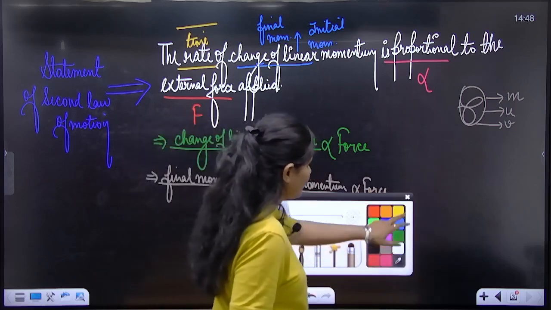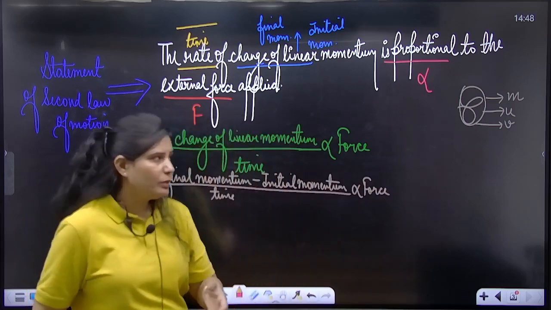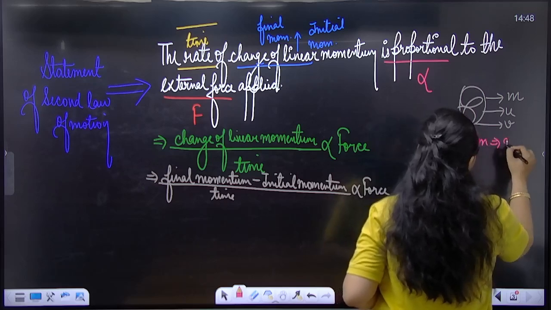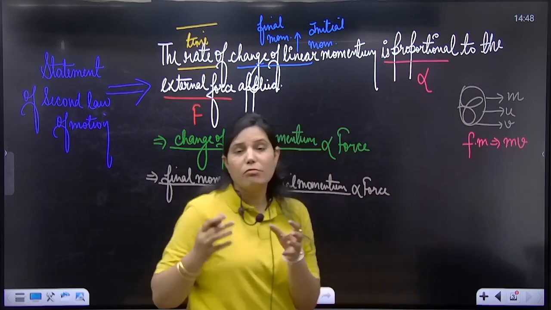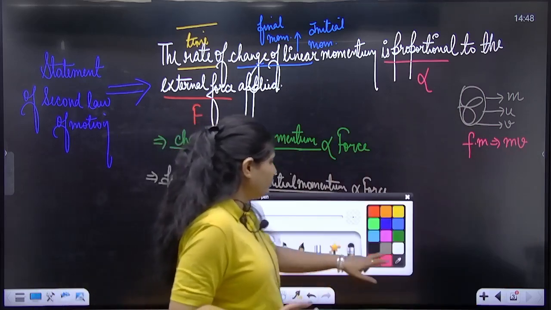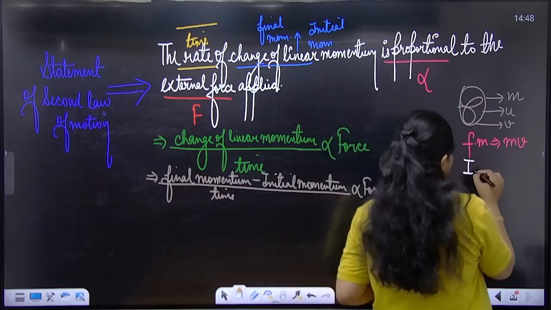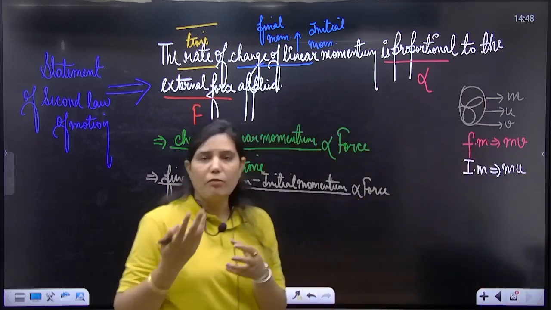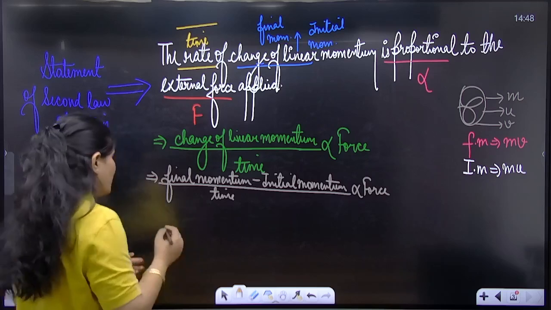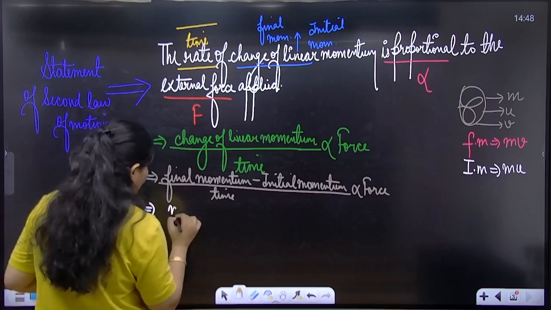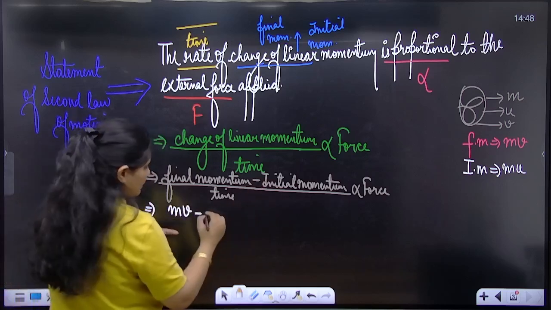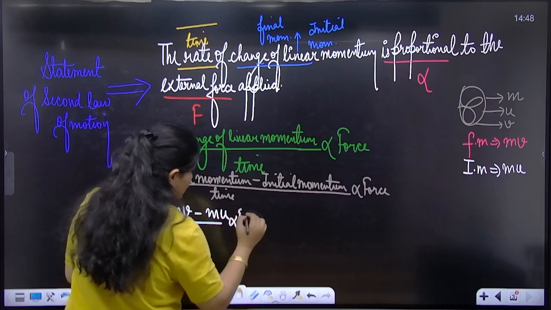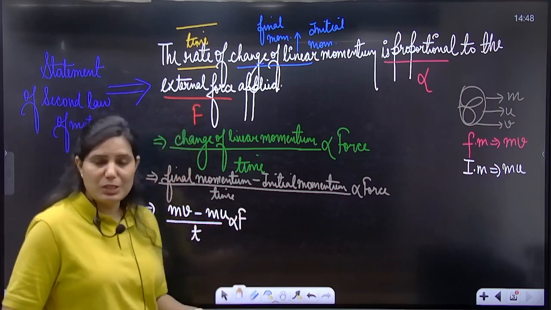So final momentum will be mv, because final velocity will be there. And for the initial momentum, it will be mu. And the change is final momentum minus initial momentum, right? So here I can write mv minus initial, which is mu. For time I'll write t, and for this it is F. I hope this is quite clear to you, right?